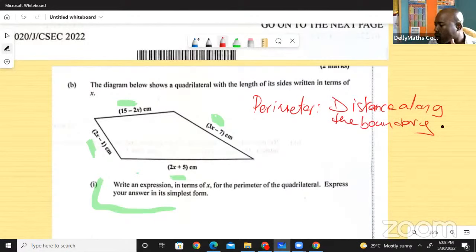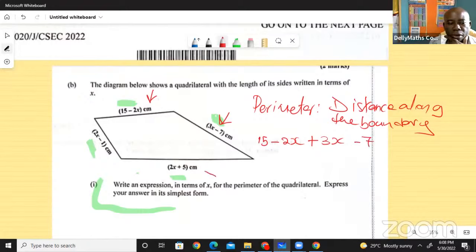Therefore, we are going to put together 15 minus 2x. Then I'm going to add that to 3x minus 7. Then I'm going to add that one plus 2x plus 5. Then I'm going to add that one.